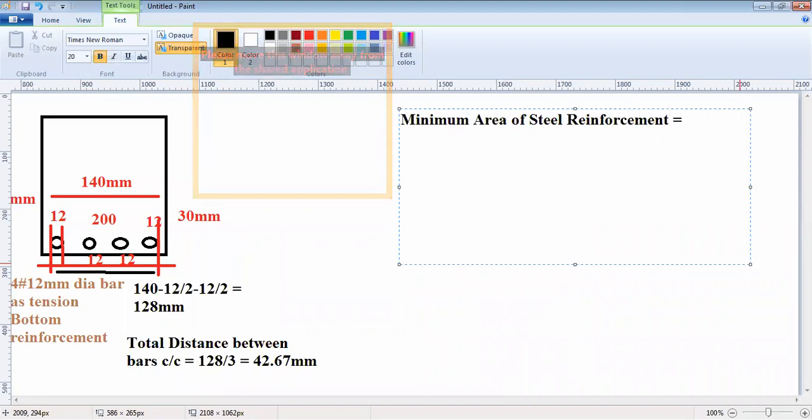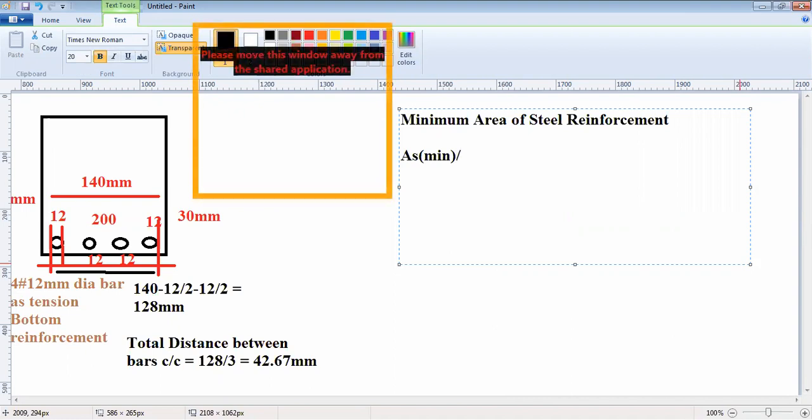What was that? वो हम कैसे निकालते थे? 0.87 fy by bd, As by As minimum by fy, ऐसे ही था.